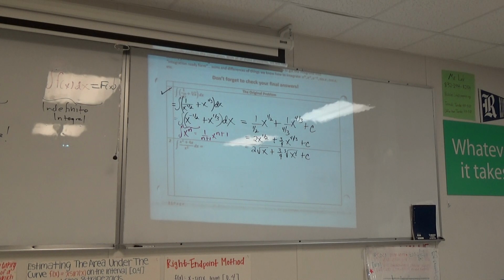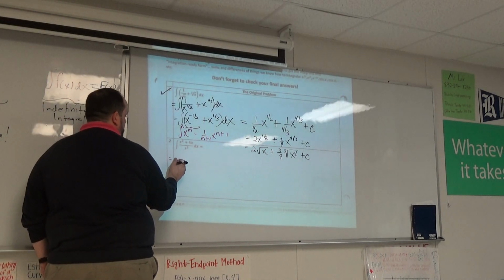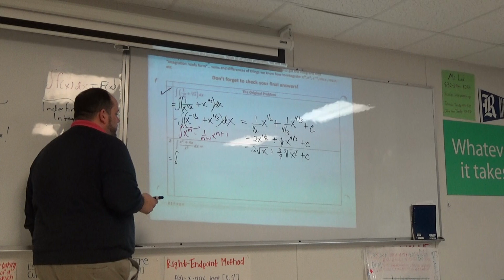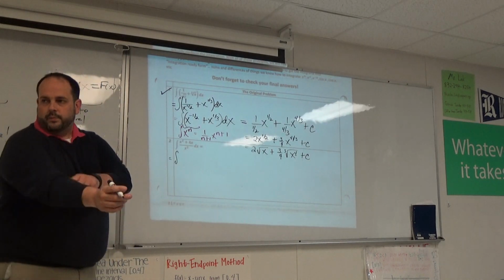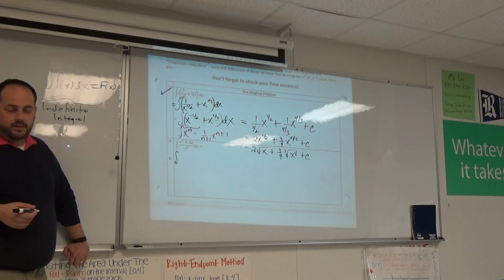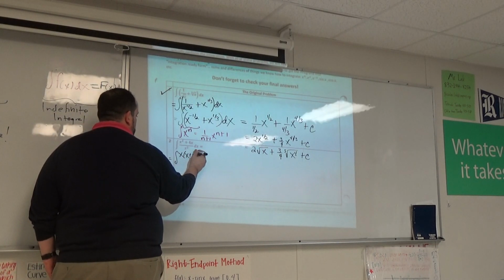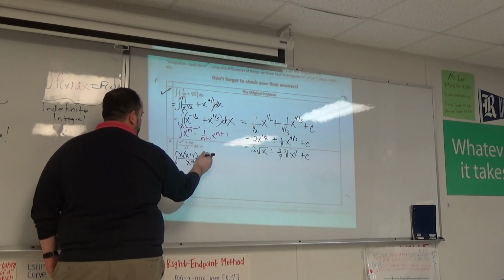Number 2 clearly does not fit any of the integral forms yet. So Nathan, what are your thoughts here? It's a factor out. Okay, tell me what you're doing. Let me factor out x. Okay, you can factor an x out of the numerator. So now I've got x times x plus 4 over x squared dx.